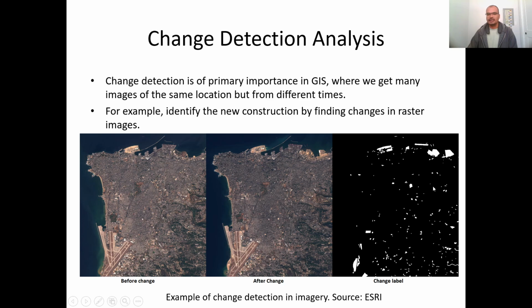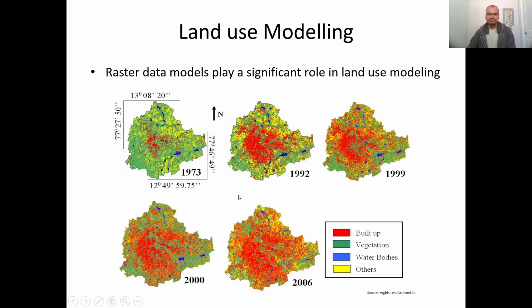Say for example, here the new construction areas are extracted very easily with the help of raster-based algorithms, which is very hard to find with our naked eye, whereas the raster calculator or other raster-based tools can extract it very easily.